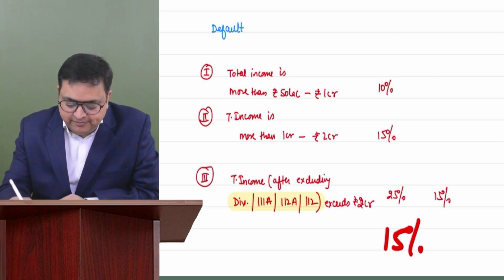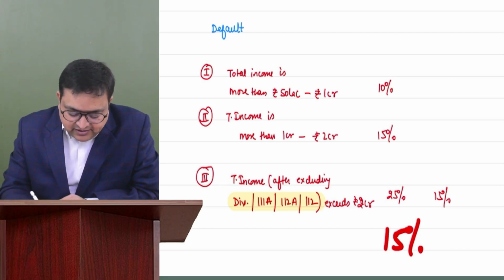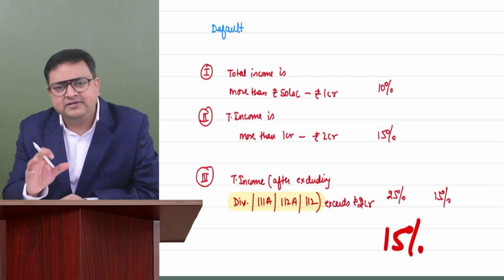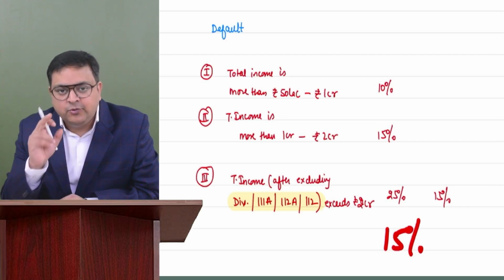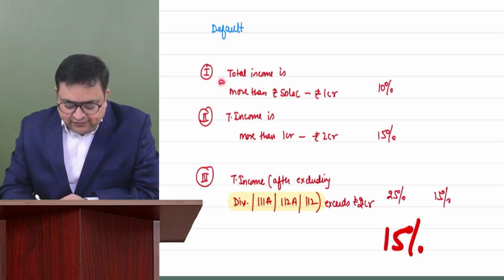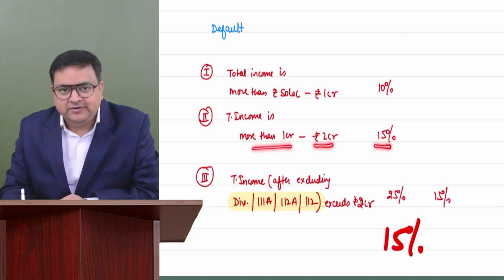So this is an important point regarding surcharge under the default regime. Under the optional regime, it is also very similar. First two levels are the same. Total income more than 50 lakh to 1 crore, 10%. More than 1 crore to 2 crores, 15%.